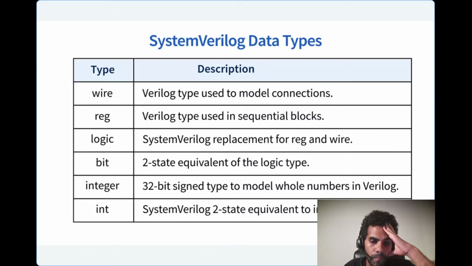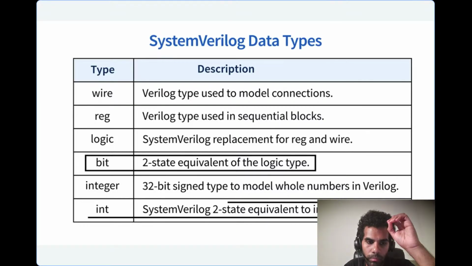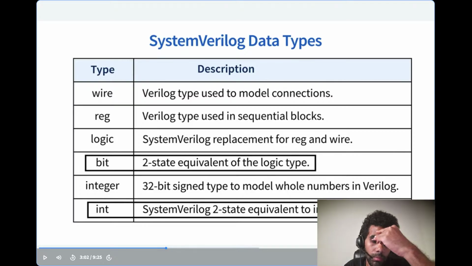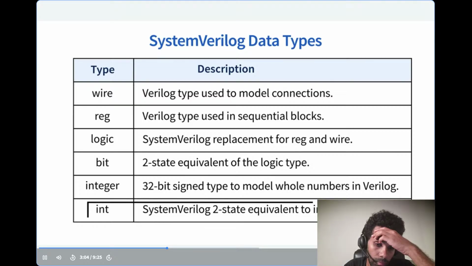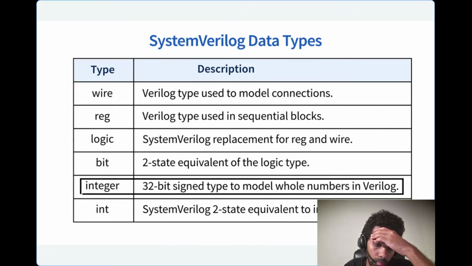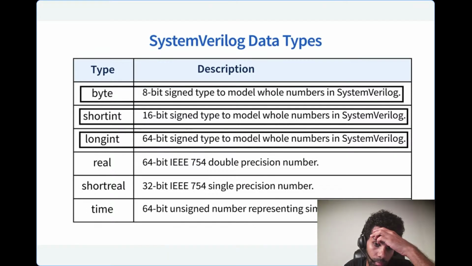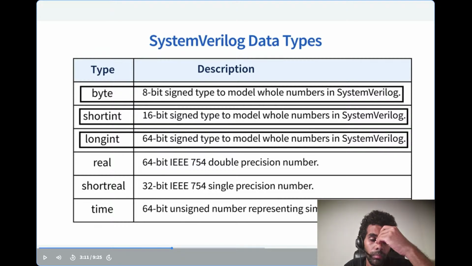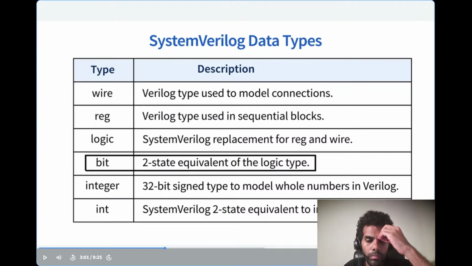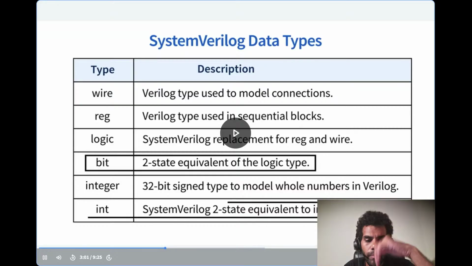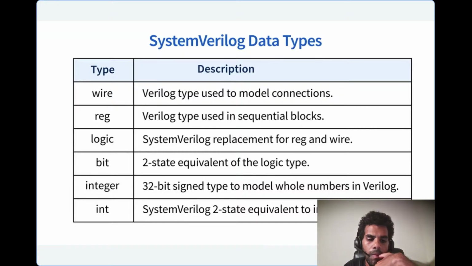When only two states are needed, you can use bit and int, which provide efficient two-state representation.